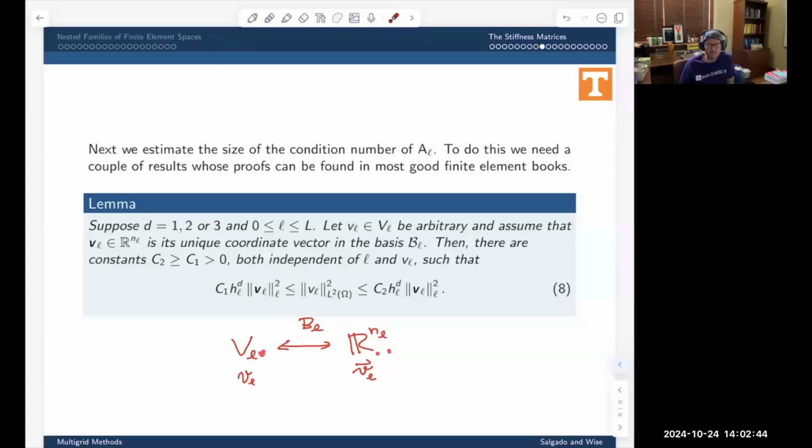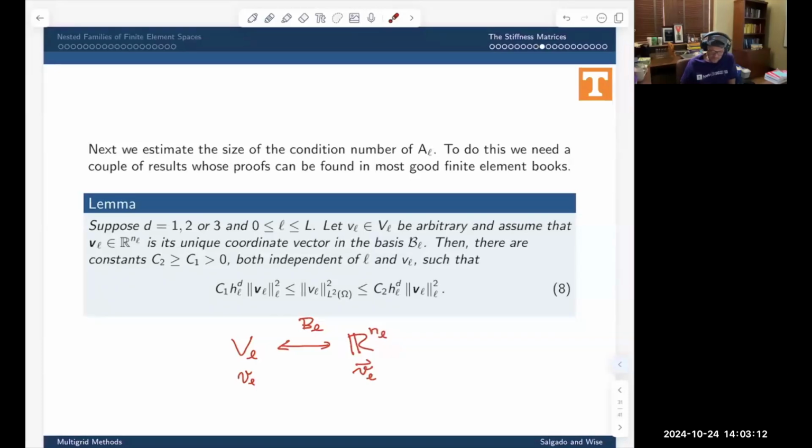Okay, this is space identification. They're really just the same spaces. Of course, over here these are just vectors, they're coordinates, but over here these are actual functions. Now, all we're saying here is that these two norms on these objects are equivalent. And this is always true.